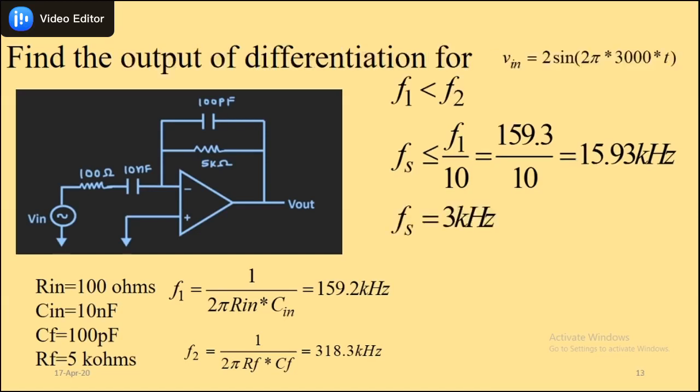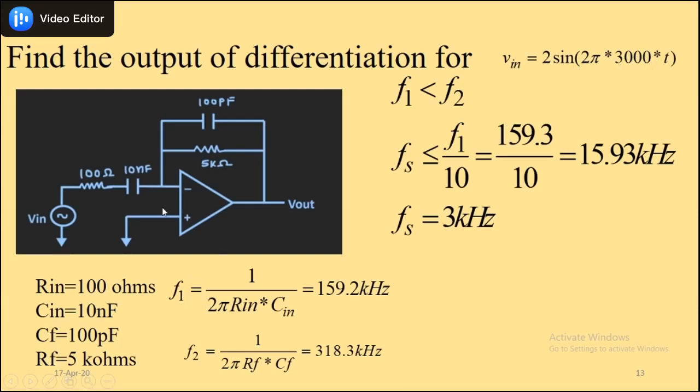Now let's take another example. This is the second example. Here I am providing the value of the input: Vin is equal to 2 sine 2 pi 3000 t. So the signal frequency is clearly 3 kilohertz. First, check the accurate differentiation condition.